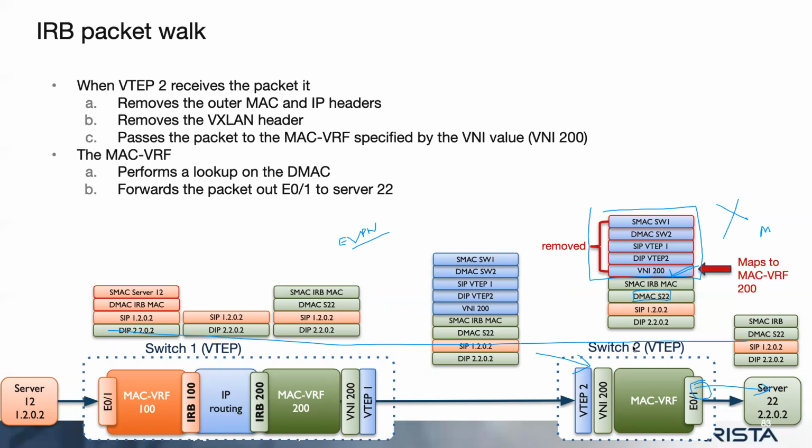Just the learning of MAC and ARP is through EVPN. So you can very much correlate this with VXLAN direct routing. Any question?